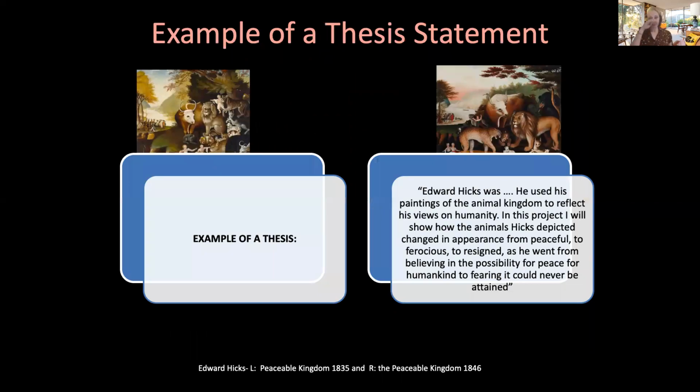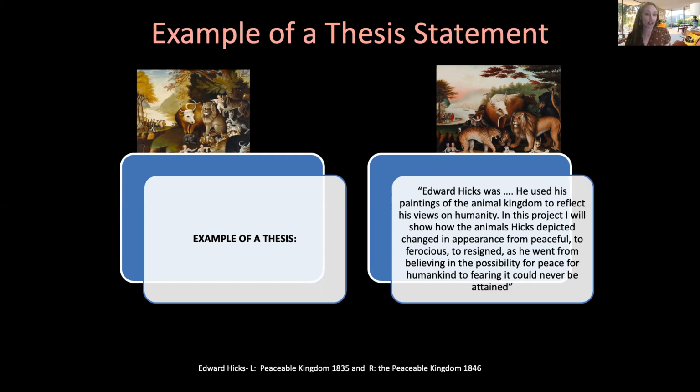So, an example of a thesis. We're looking at two paintings by early American Quaker painter Edward Hicks. The running thesis for this project is that Edward Hicks, a 19th century painter who was a Quaker, used his paintings of the animal kingdom to reflect his views on humanity.